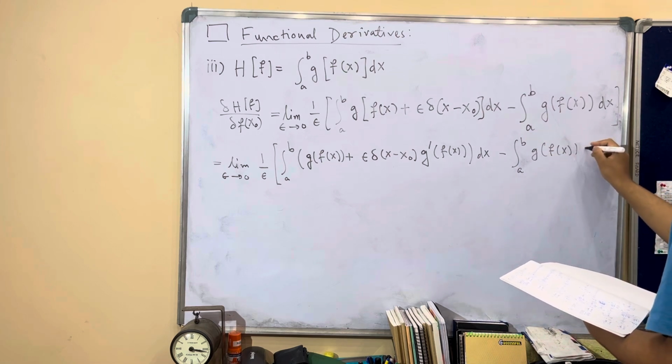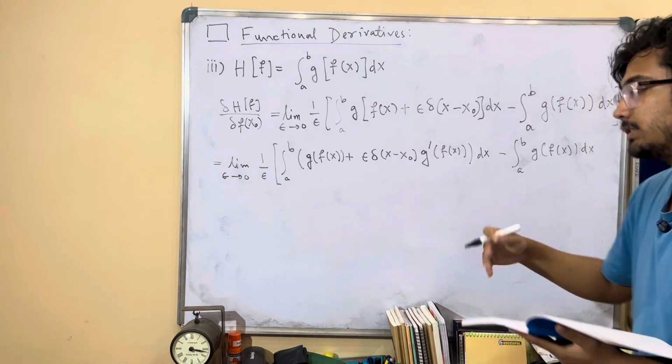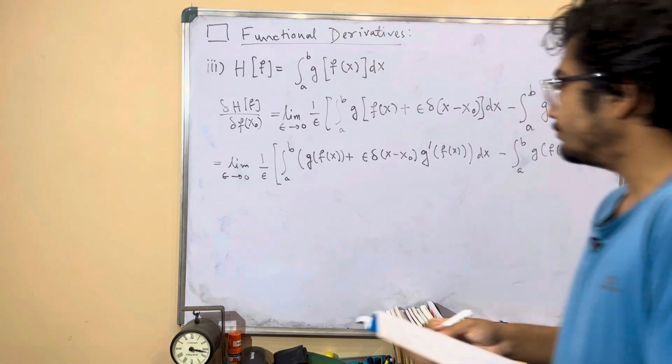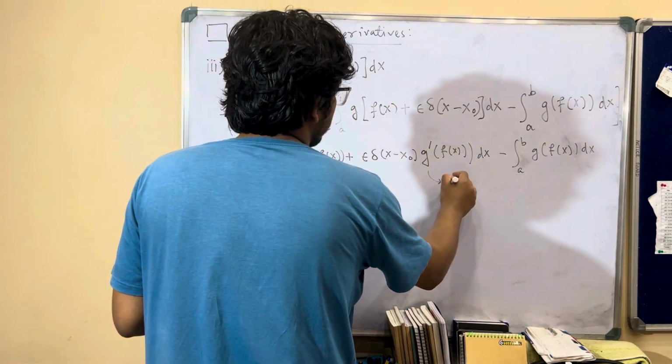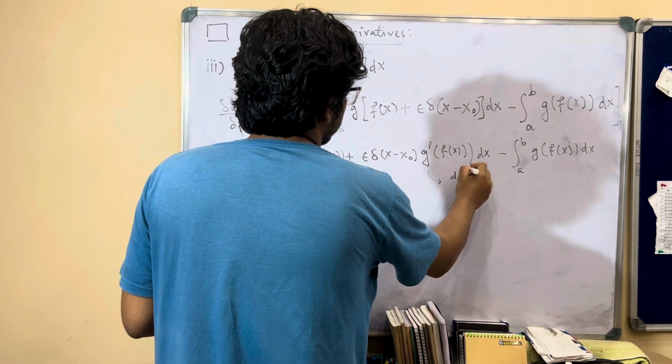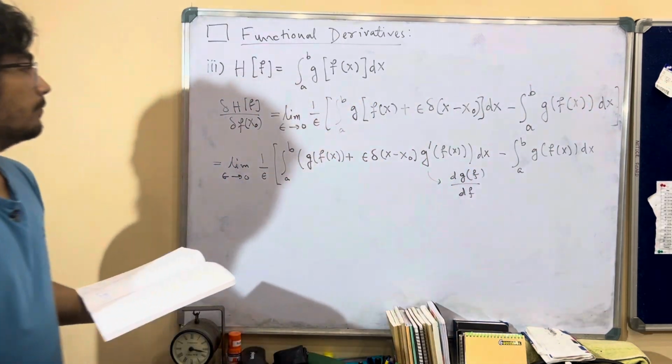Once again, we have neglected the higher order terms as epsilon is very small here. So here g prime is nothing but this thing.